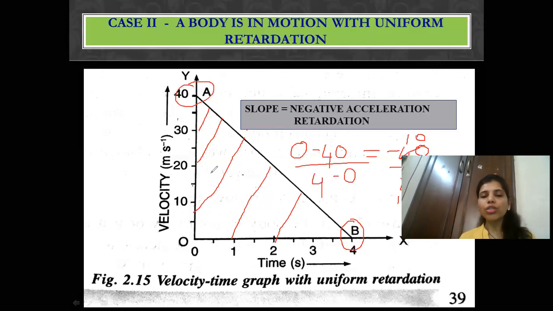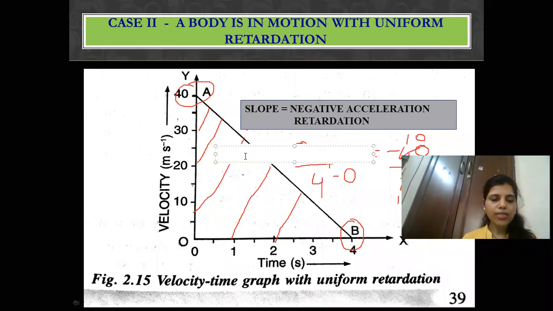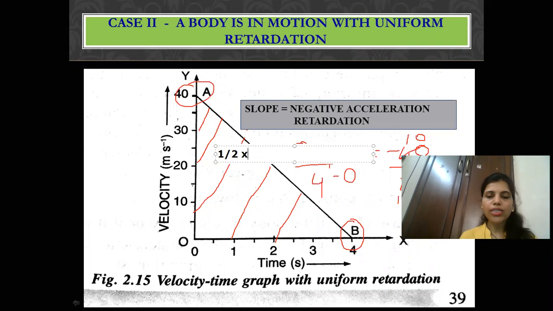So now here you are going to use the formula half base into height. So you can see half into, now the base is 4 because this particular value is 4.